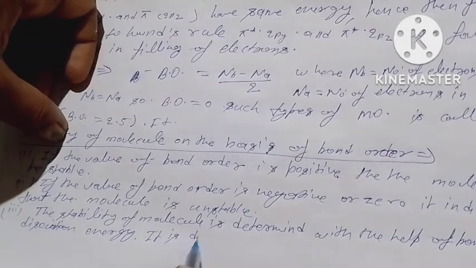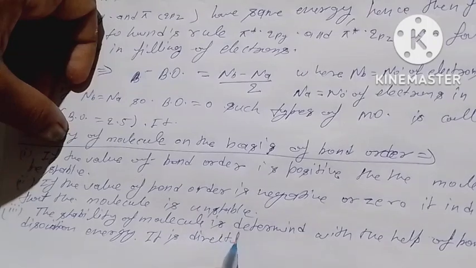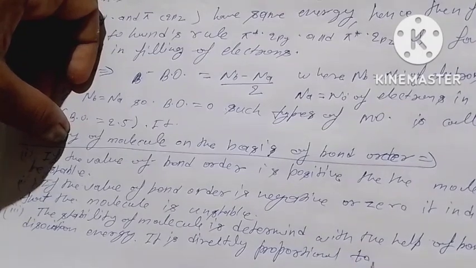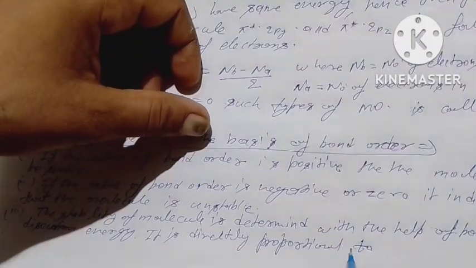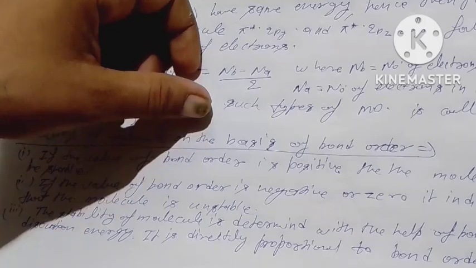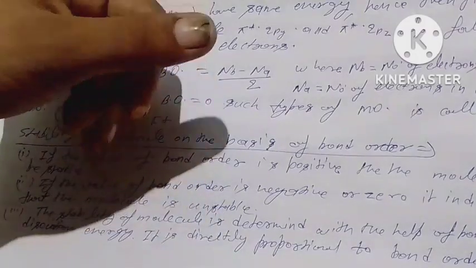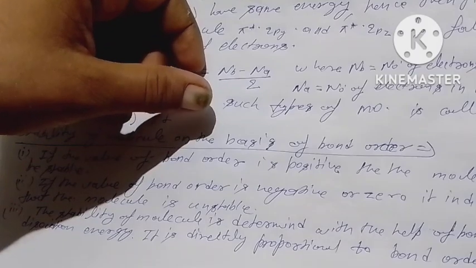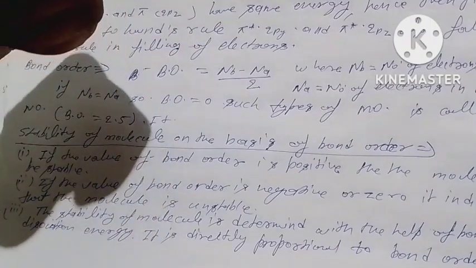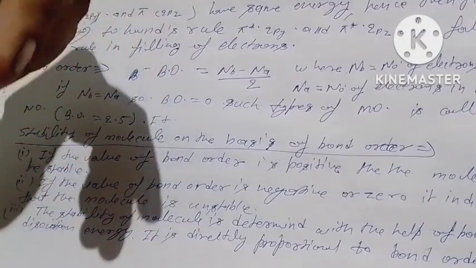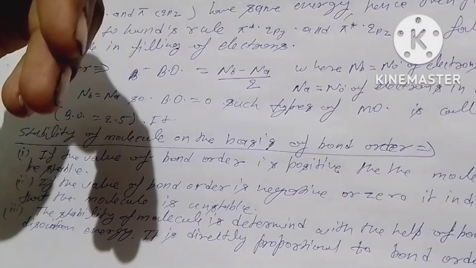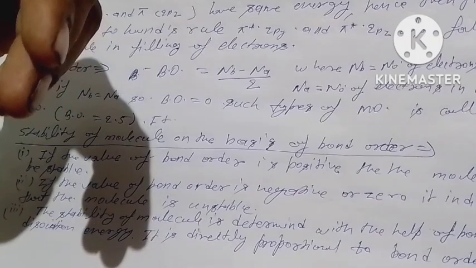The nitrogen molecule with bond order 3 has higher dissociation energy, 225 kilocalorie per mole, than the oxygen molecule with 118 kilocalorie per mole, with a bond order of 2. Hence, molecules having a greater bond order are more stable.